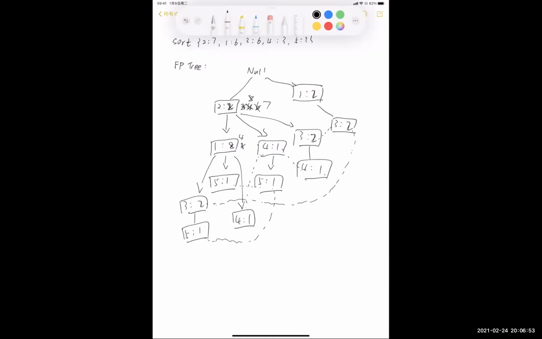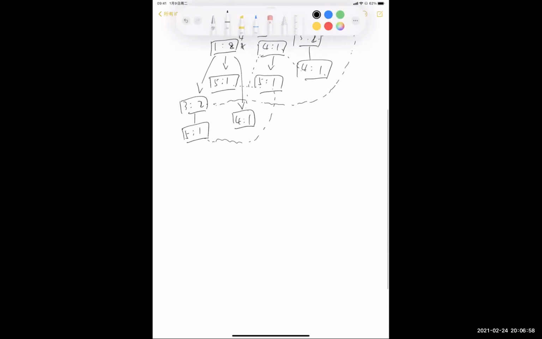So for the conditional pattern base, we need a table of items, and these items should be in reverse order. It should be 5, 4, 3, 1, 2.